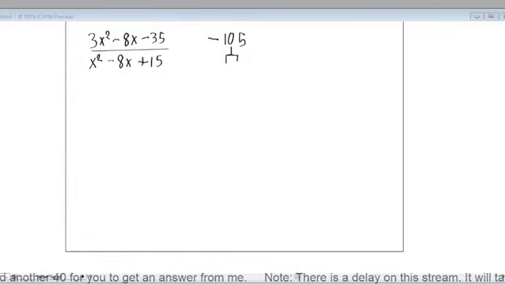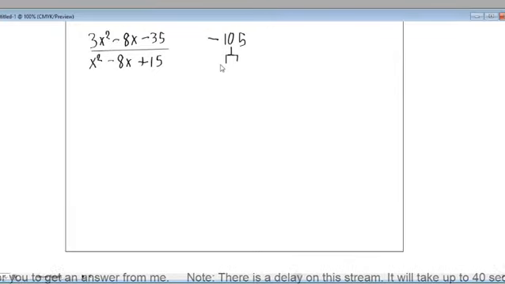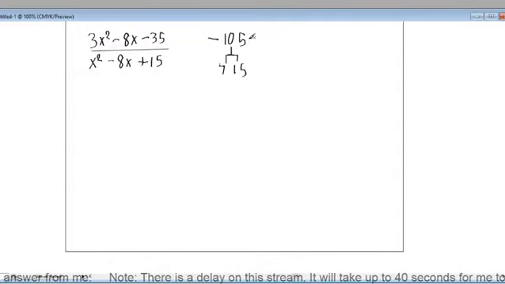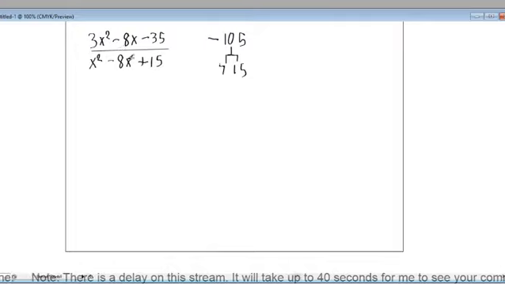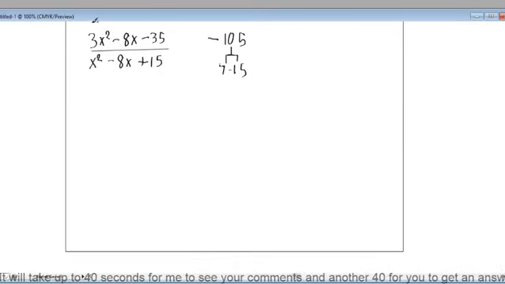Yeah, that'll work. So if we make this 7 and 15, and in order for us to get a negative 8, we'd need to have a positive 7 and a negative 15. Now this one, we can't use our shortcut because we don't have positive 1 for our leading coefficient. We have positive 3.